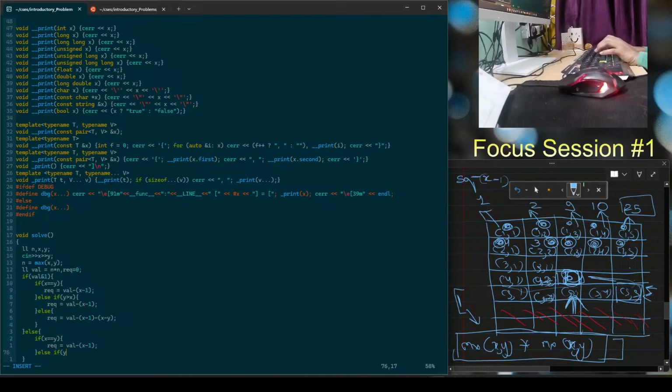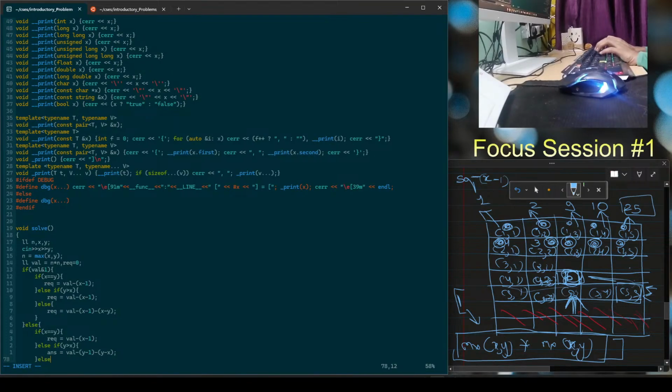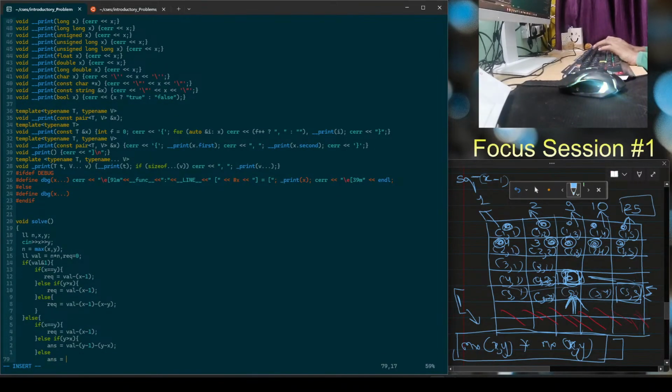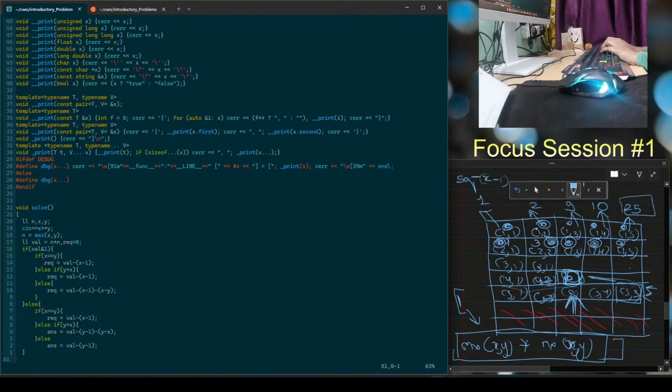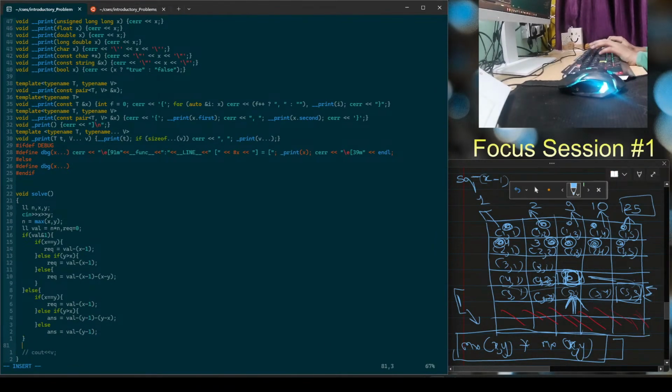Else, if y is greater than x, answer will be value minus y minus 1 minus y minus x. Otherwise, answer will be value minus y minus 1. Yeah, I guess this should work. Let's try to find out.